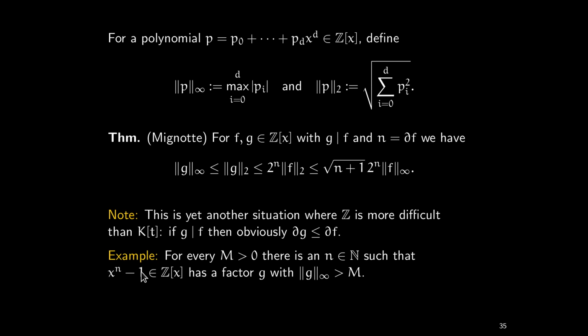But if you let n go to infinity, then these polynomials will have factors whose infinity norm can grow arbitrarily large. So here this 2 to the n is not just a weakness of this estimate, but it's really a necessary concession that you have to make for the existence of possible factors.